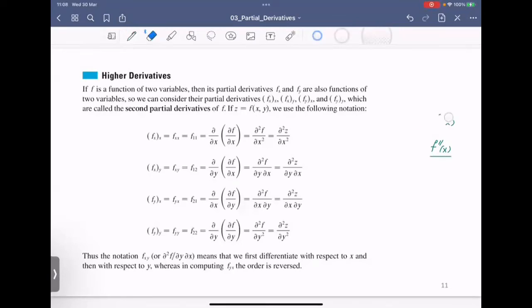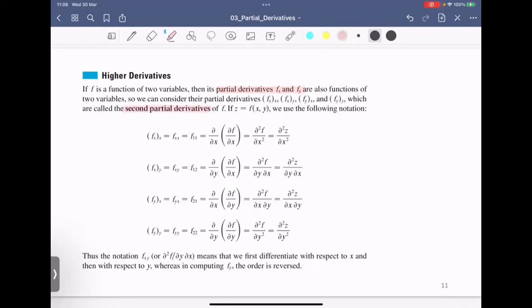We can do it in 2 dimensions too, but the harder thing is that because you have a partial derivative with respect to x and a partial derivative with respect to y, you're going to have 4 ways to define the second order derivative. This is called the second partial derivative, or sometimes second order partial derivative.